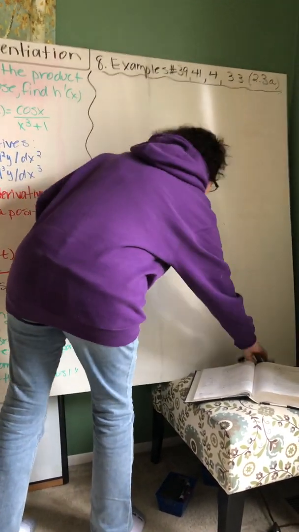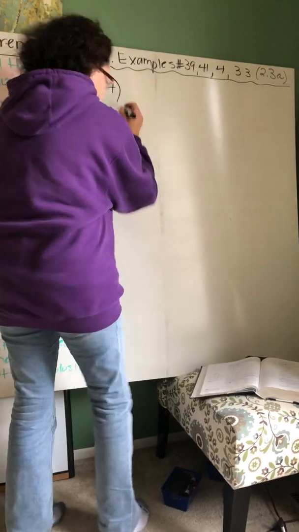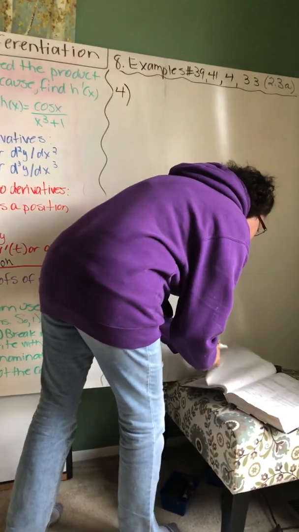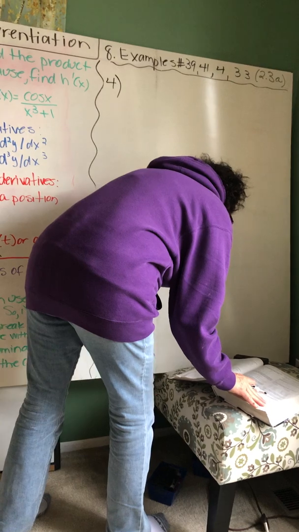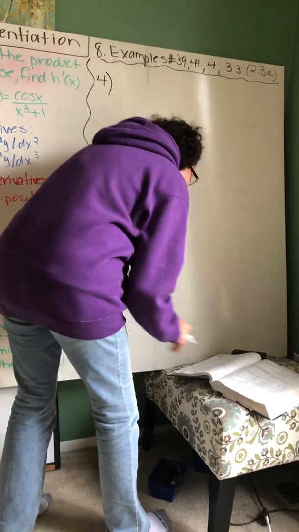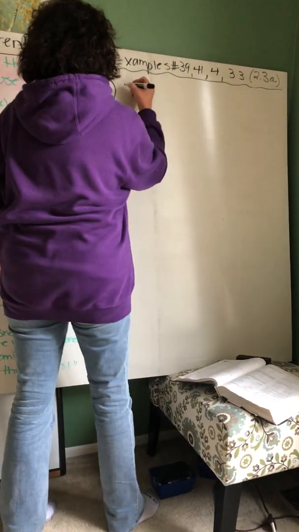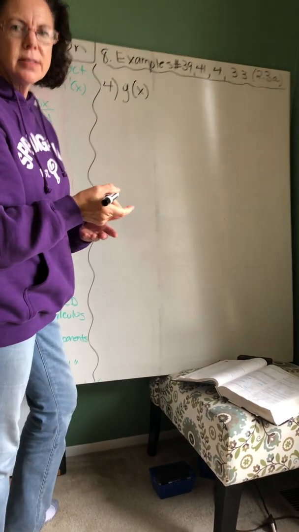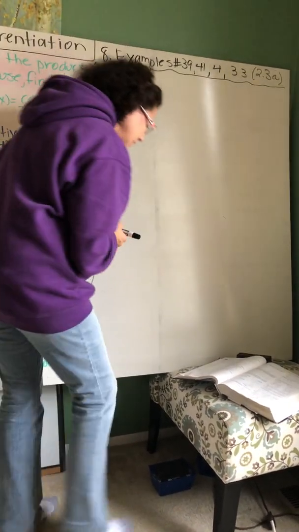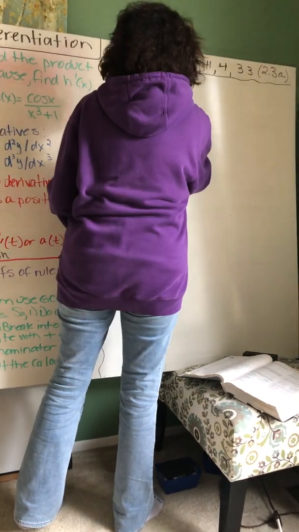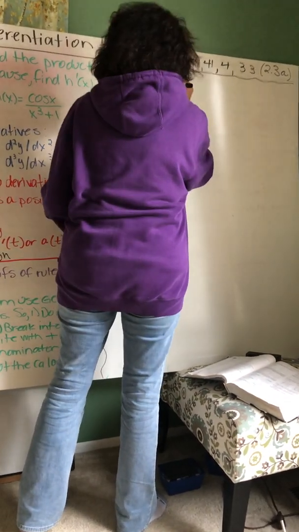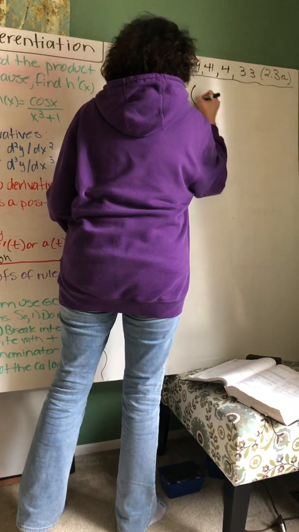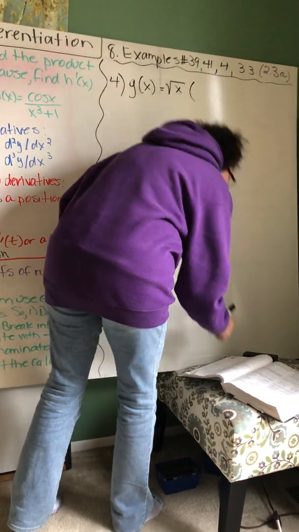All right, let's see what number 4 says. In number 4, they are asking for the derivative and they want you to use the product rule. They have g of s. I'm going to use an x. My s's look like 5s and I don't want to confuse you. Like I haven't confused you already, right? There we go, square root of x times x squared plus 8.